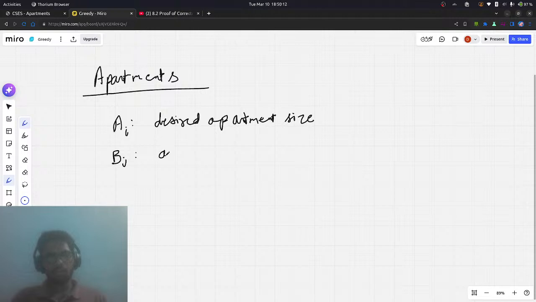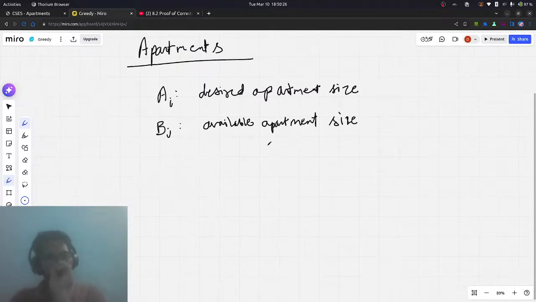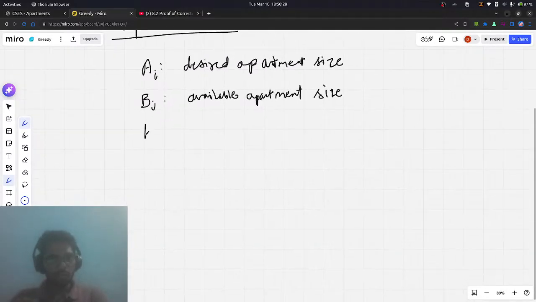This is basically the available apartment size. Okay, available apartment size. And we are given a number k, which is basically kind of like an offset.